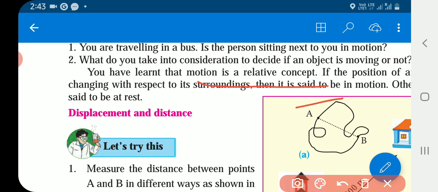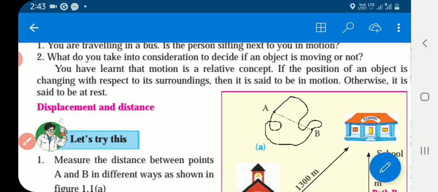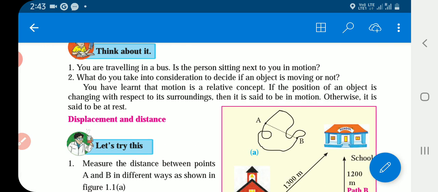Motion is a relative concept. If the position of an object is changing with respect to its surrounding, then it is said to be in motion.